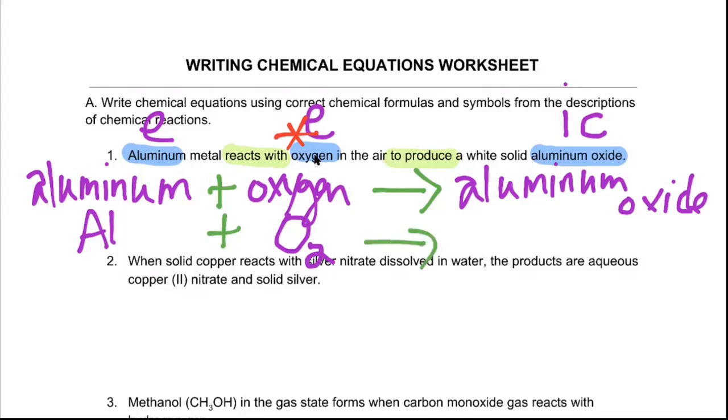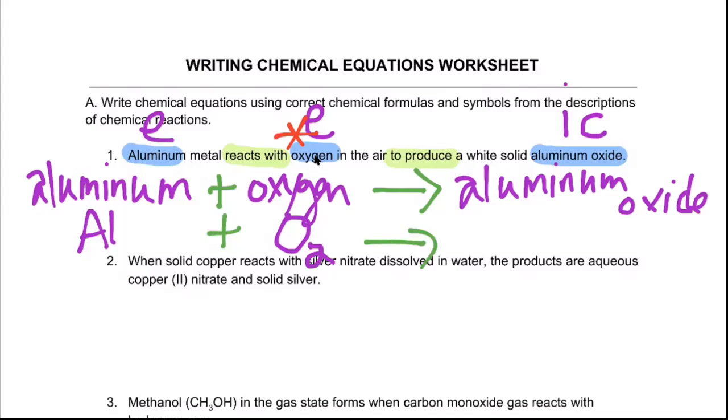Now, here is what's probably going to be the most difficult thing for you guys, writing the formulas for the compounds, specifically the ionic compounds and probably the acids, okay? Covalent compounds are a lot easier because we just use the prefixes to tell us the subscripts in the formula. But for the ionic and the acids, remember, we have to balance out charges.